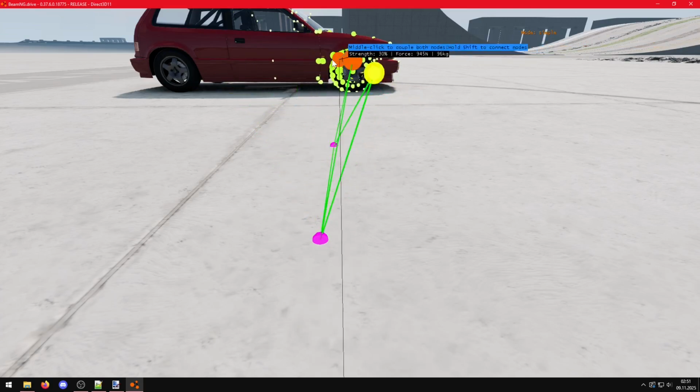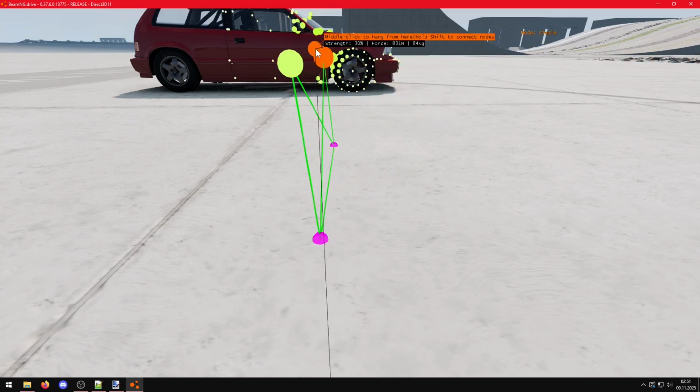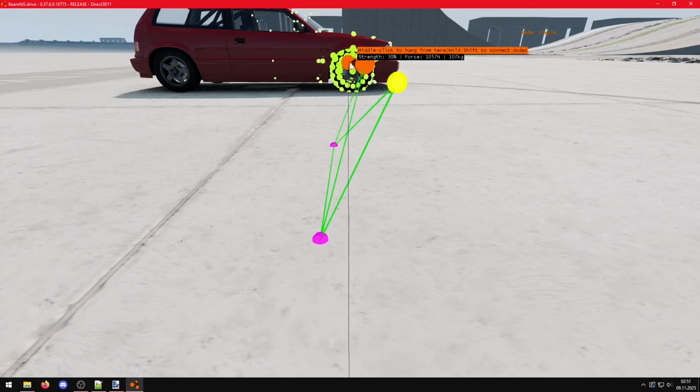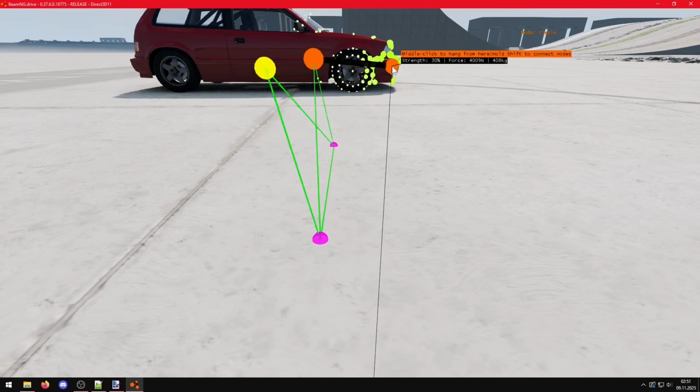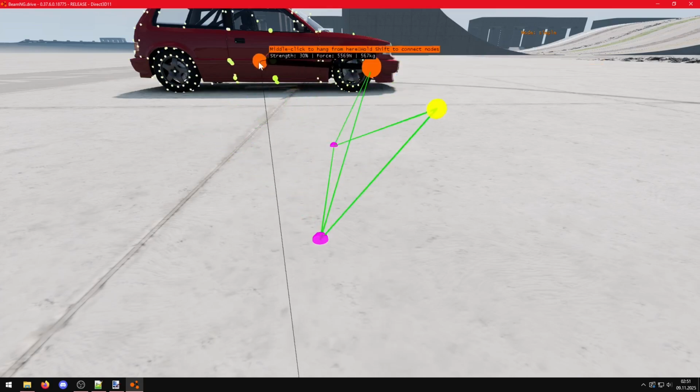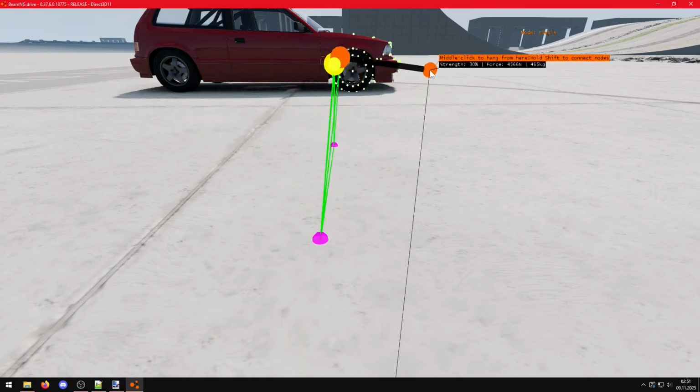So to the right we have our higher spring 2 value, and to the left we have our lower spring value. I don't know if you can see it that well, but I can definitely tell that that's what's happening.